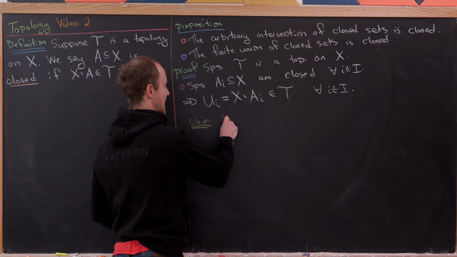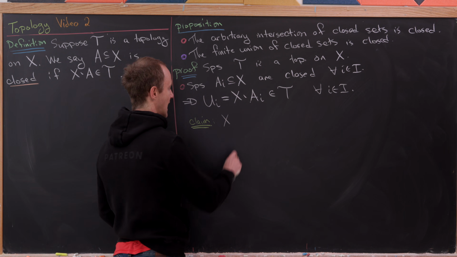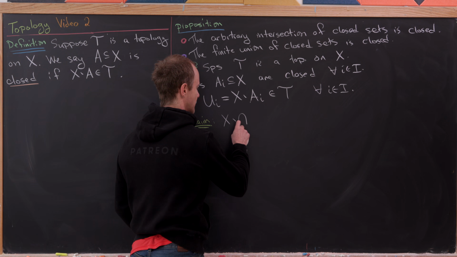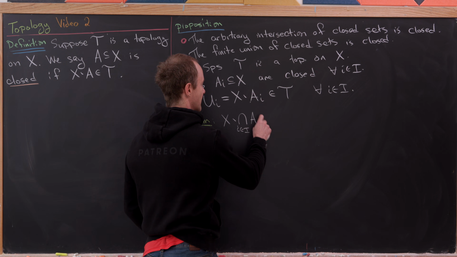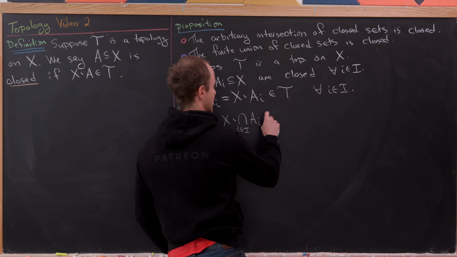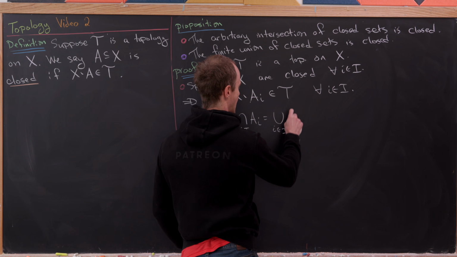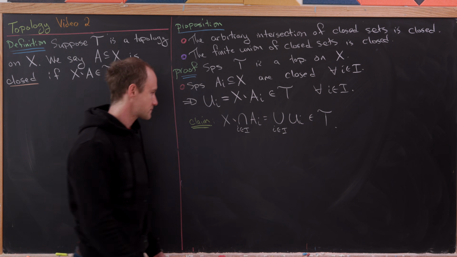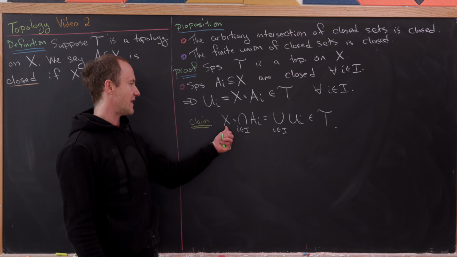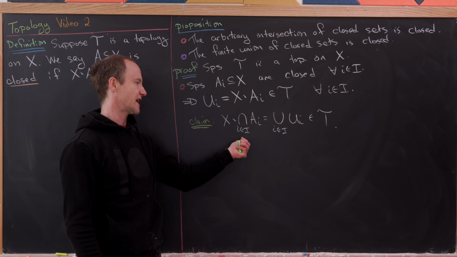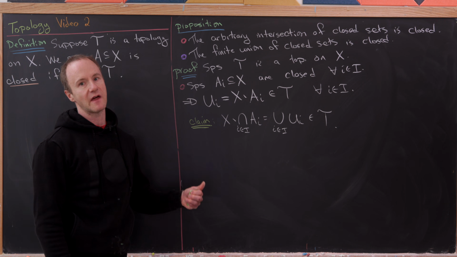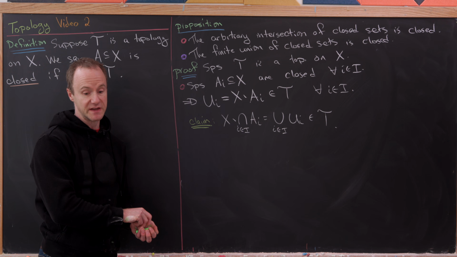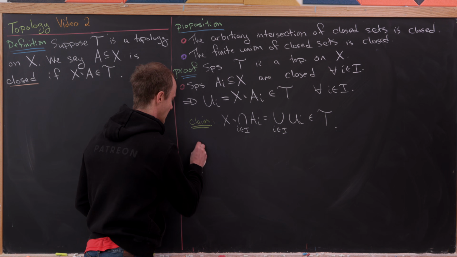And that is if we take X and we take the set difference with the intersection of all I in I of A sub I, we're going to get the union over all I in I of U sub I, which is in T. But then that means that the complement of this intersection is an open set, meaning that the intersection is a closed set. But we do have to prove this claim to really finish the whole thing off.